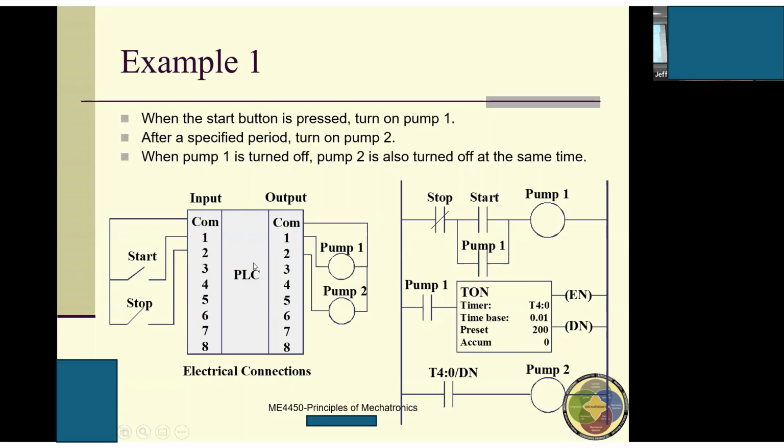In our first example, this is our PLC electrical configuration. Suppose this is our PLC, and you have wired the system completely. We have two inputs, start and stop. These are two buttons. One is connected to input 1, and the other is connected to input 2. And we have two outputs, pump 1 and pump 2.